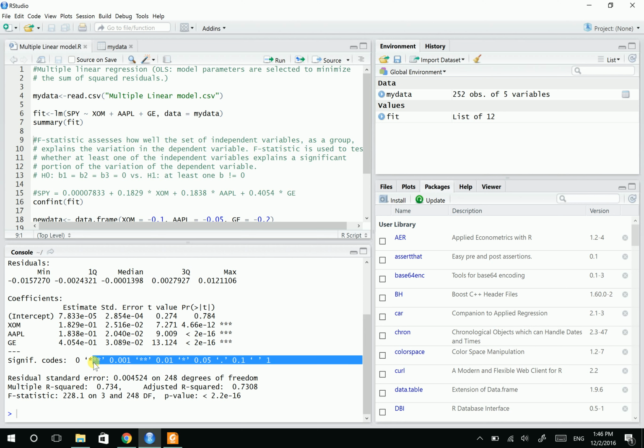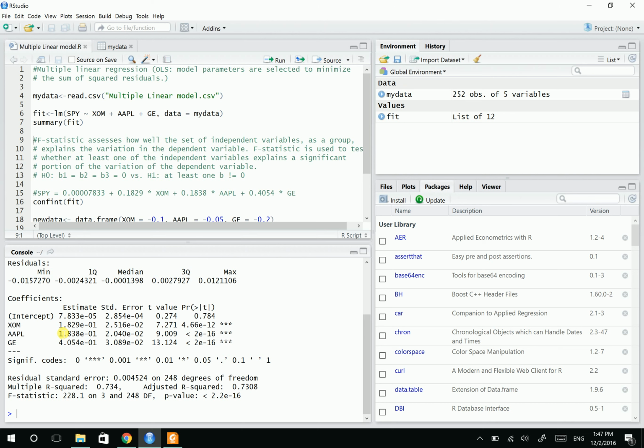So it means we can almost say 100% that the ExxonMobil coefficient is not 0, is different from 0, and that is to say it is almost 100% significant. That's how we talk about the significance of the coefficients.